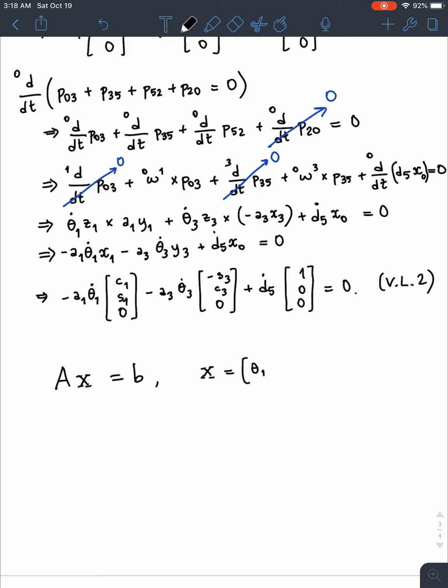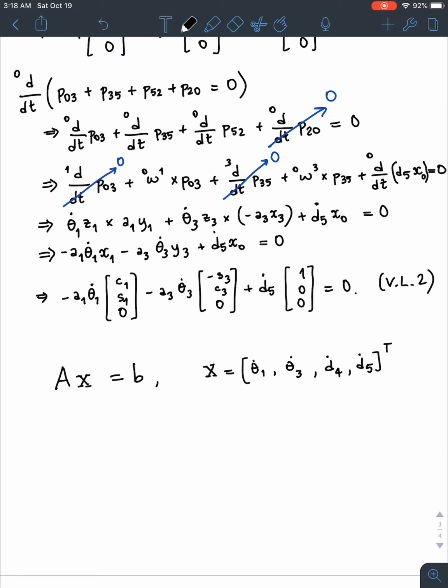Well, they are theta 1 dot, as I said, theta 3 dot, d4 dot, and d5 dot, transpose. In other words, the unknown vector x is going to be 4 by 1. Let me try to write this a little bit neater. It's going to be a 4 by 1 vector.